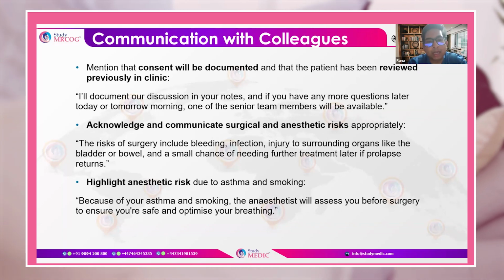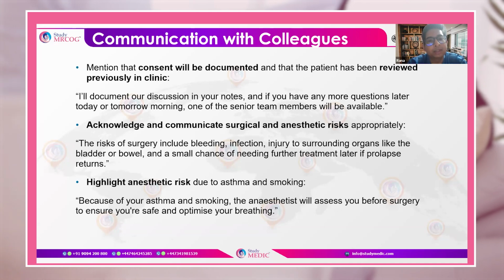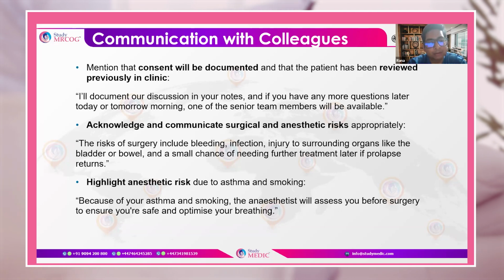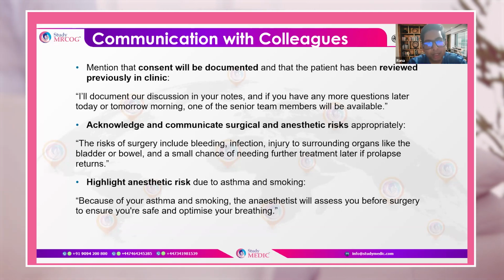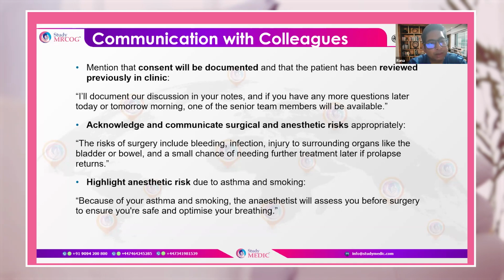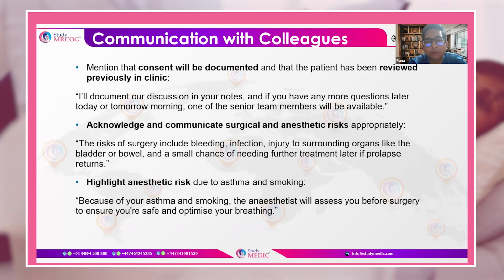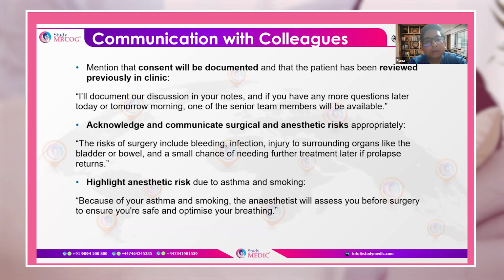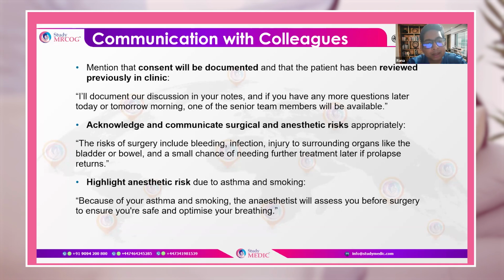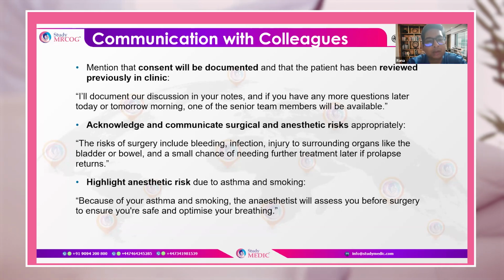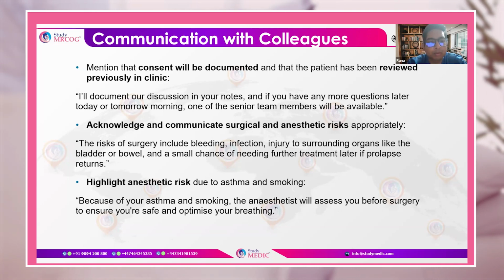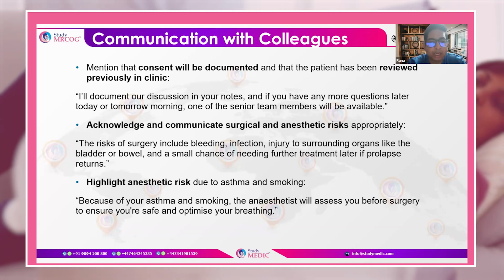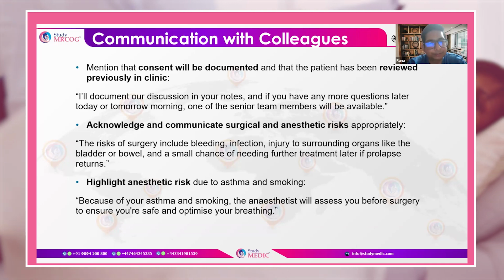As she is a smoker and also asthmatic, you need to assess the anesthetic risk and communicate with your colleague or the anesthetic team regarding the anesthetic assessment, and whether she is in a high-risk category for anesthesia, as she smokes more than 10 cigarettes per day. Also, if she has a long duration of prolapse or a very weak cystocele, sometimes you may need to involve a urologist as well.